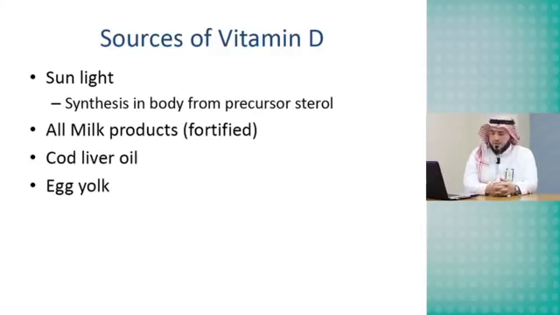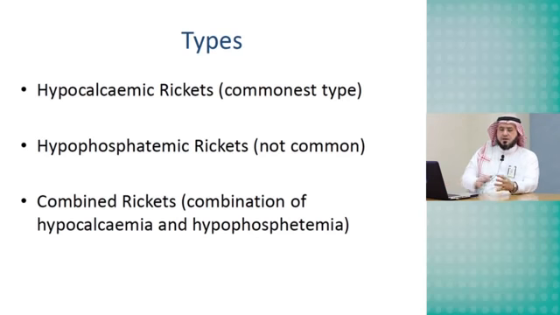And the other exogenous sources, which are not as good as the sun, include milk products, fortified milk products, cod liver oil, as well as egg yolk. What are the types of rickets? Rickets has many types. We have hypocalcemic rickets, we have hypophosphatemic rickets, and we have a combined type, with both hypocalcemia and hypophosphatemia.